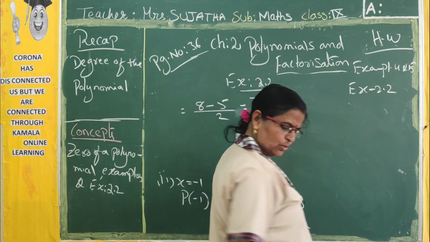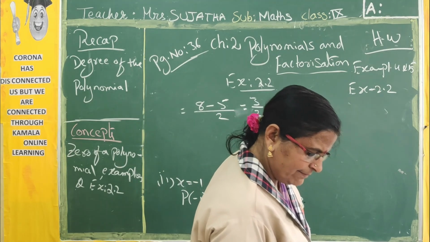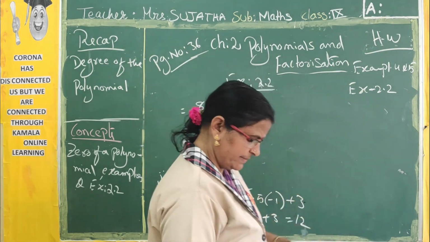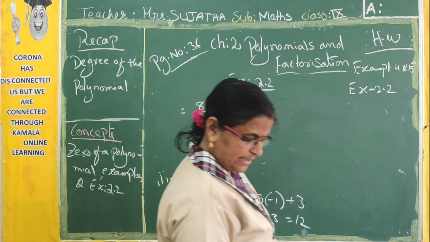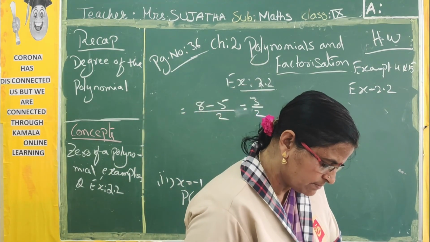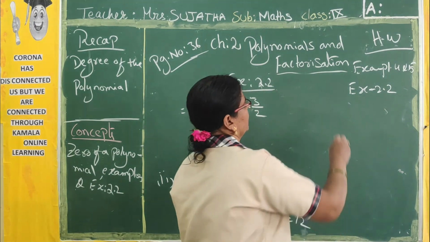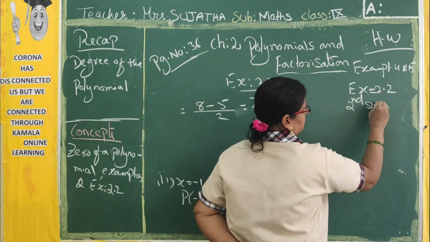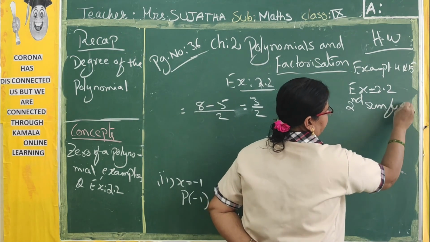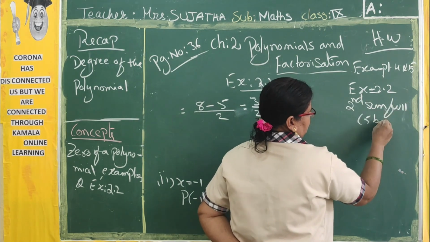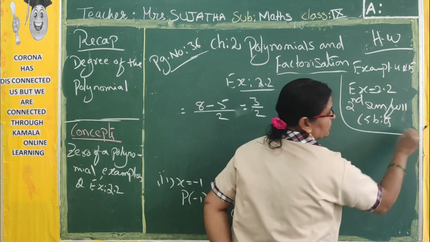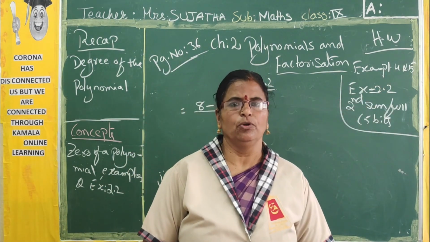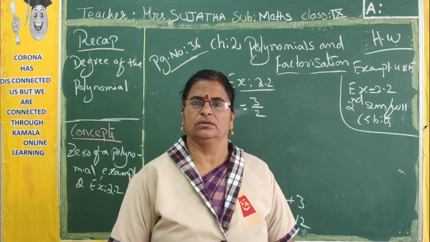In exercise 2.2, the second sum is only substituting values, as we did in example 1. Only the second sum, full 5 bits, you can do. Only 5 bits, okay, an easy homework. You can copy this from the textbook and lessons. I hope you have understood. Please complete the homework. Thank you, children.